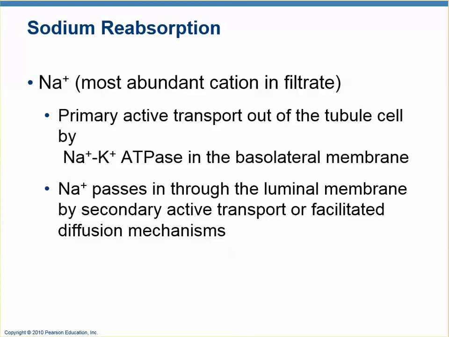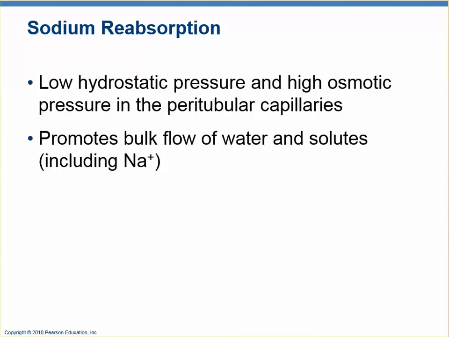It's actually on the basal side of the cells. There are sodium channels that are open to facilitate the diffusion through the luminal side. It ends up being involved with the flow of everything else because it changes osmosis.